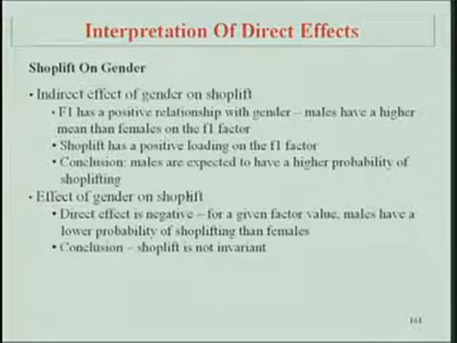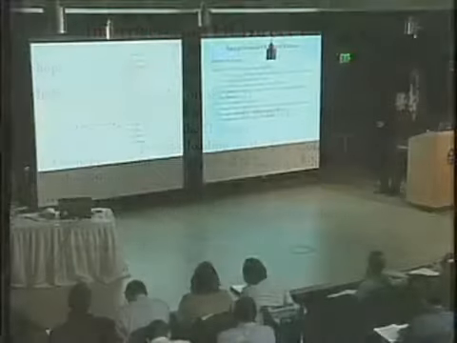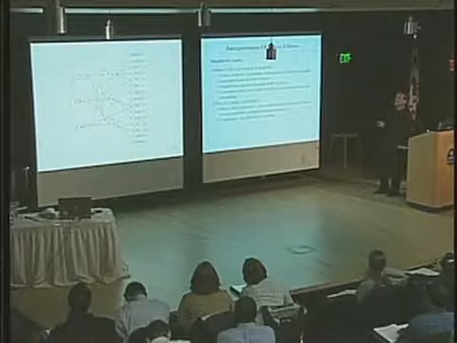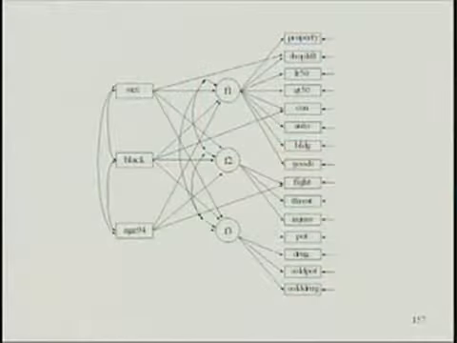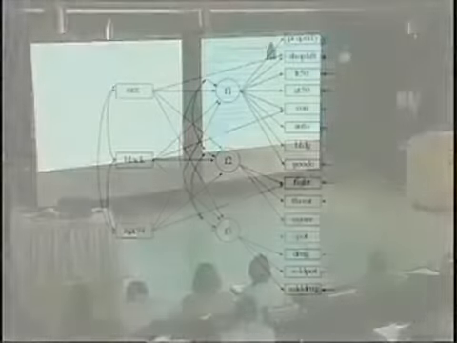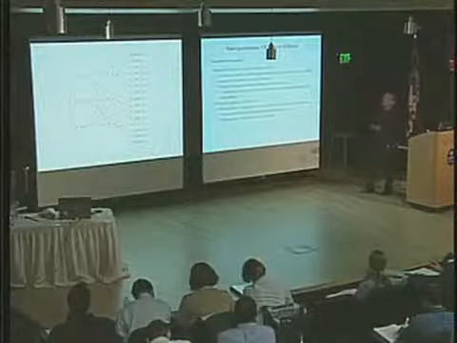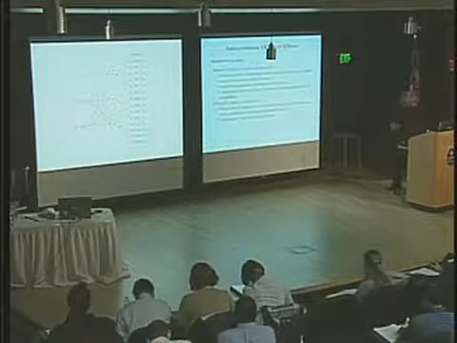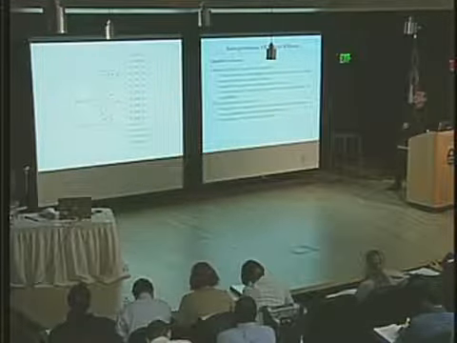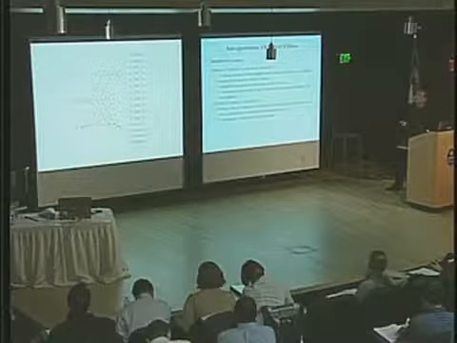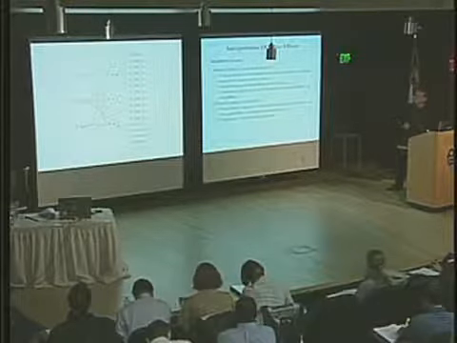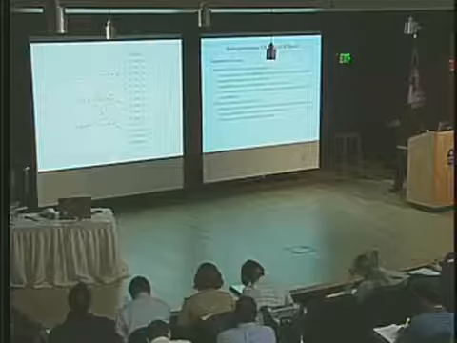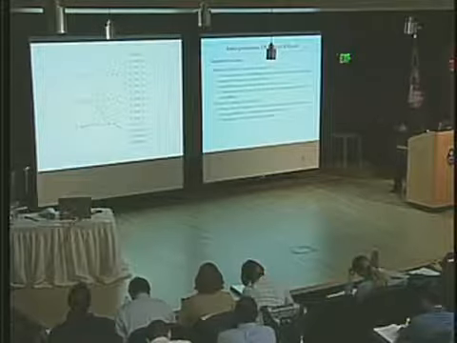If you have the direct effect in there, it still can be a good indicator of F1. It just functions differently for males and females. But in some other situations, ETS wouldn't dare to have an item like this. They would throw out the item because it would be an unfair test to one of the 2 genders. But statistically, it is useful to keep it because it informs about F1. You just have to model it correctly. So then you know that this measurement instrument doesn't work the same way for the 2 genders.